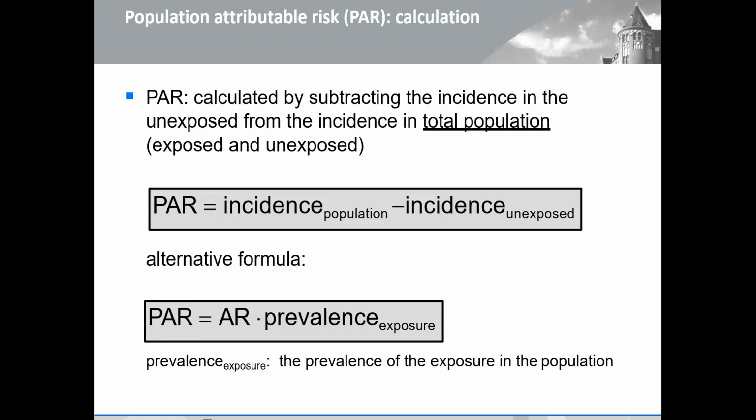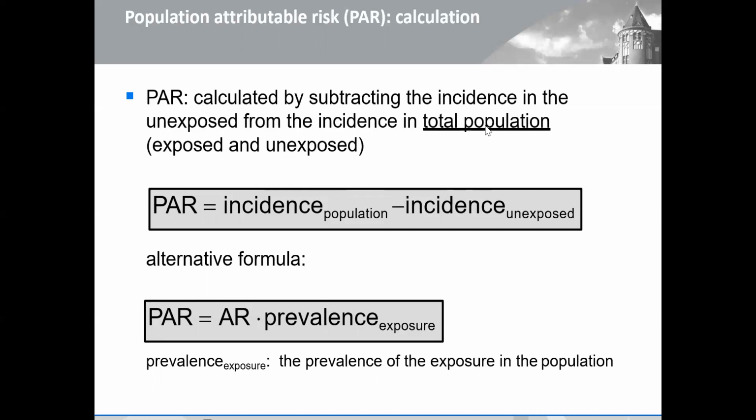How is it calculated? It is calculated by subtracting the incidence in the unexposed from the incidence in the total population, exposed plus unexposed. Remember, I explained this. Maybe I need to look for a 2x2 table where I can show you.